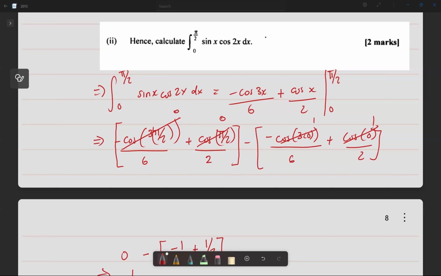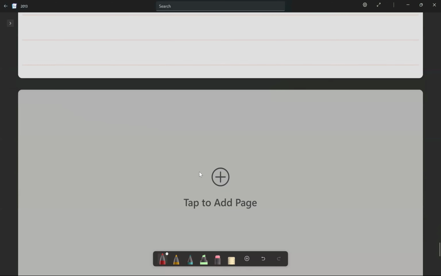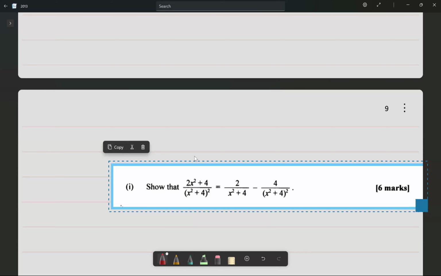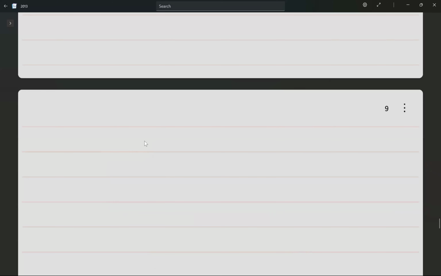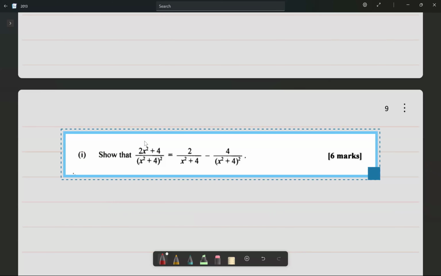The next question says, here's a fraction, and we want to decompose it.